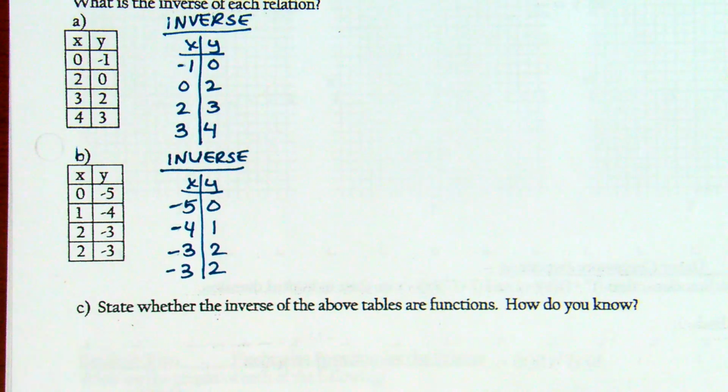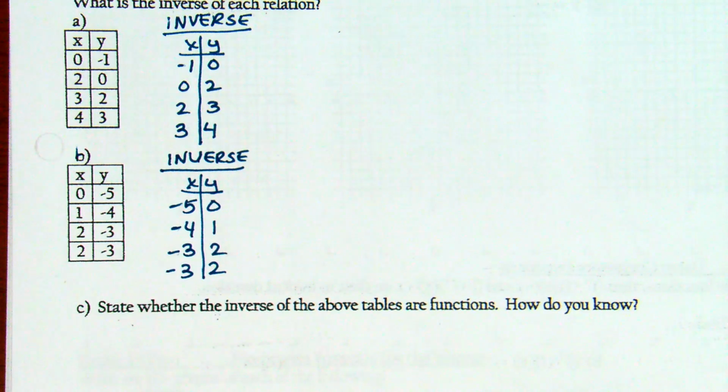And we'll talk about that a little bit later in the notes. We could graph this, but that's more work than I want to put into it. The idea of the vertical line test is if you draw a vertical line, it just touches one point, it passes the vertical line test. If it touches more than one point, it fails the vertical line test.